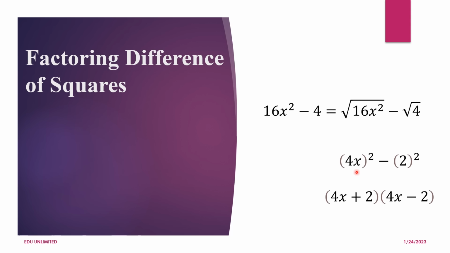And the square root of 4 must be 2, and the minus sign right here. So to factor this square, quite easy, it would be 4x plus 2.